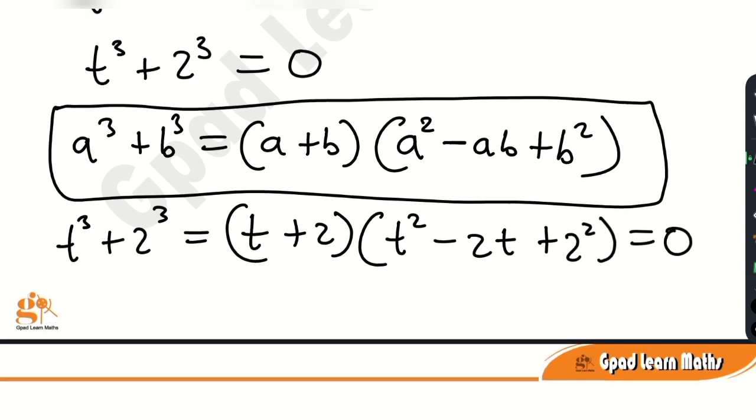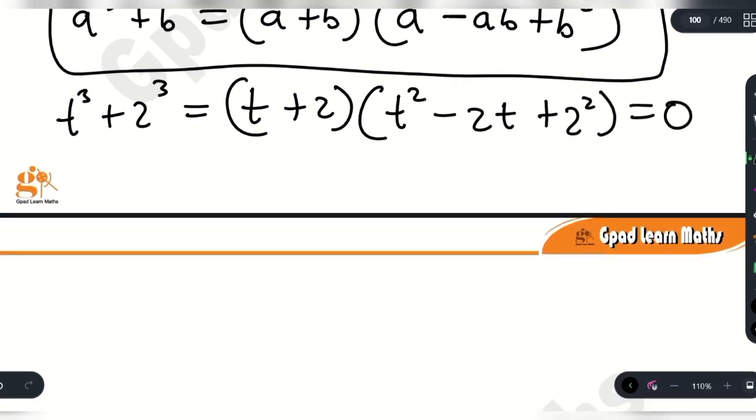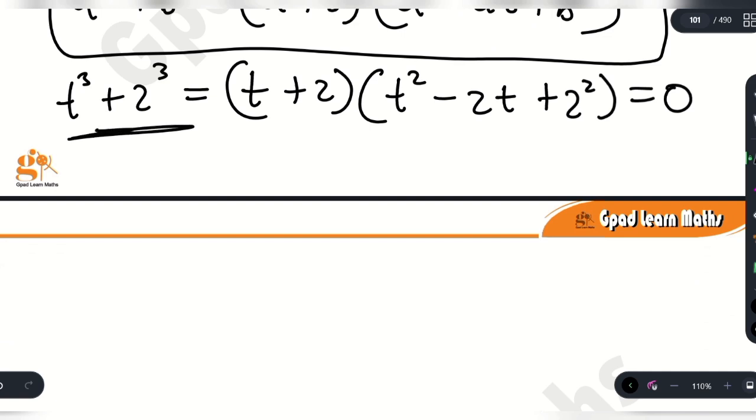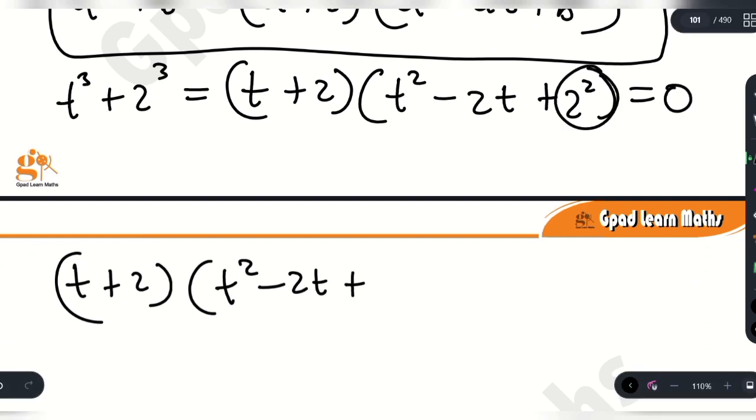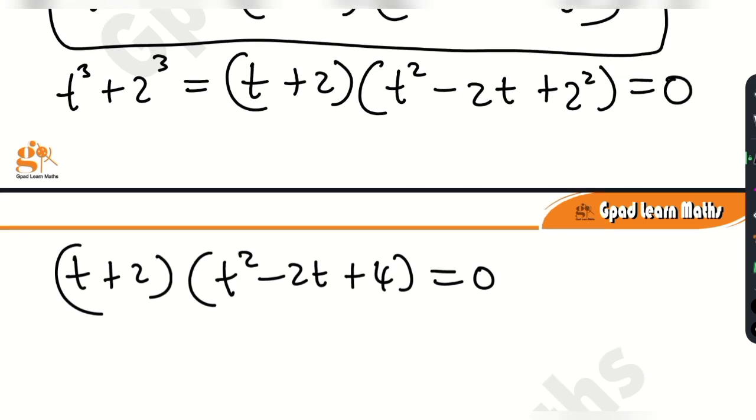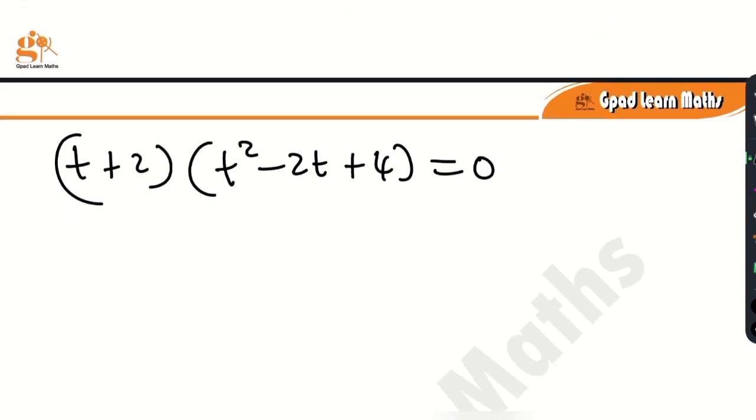Now, from the zero product rule, what does this mean? Or let me just rewrite this without this. I'm going to have t plus 2 in bracket, and then what? T squared minus 2t plus 2 squared, which here is 4. So plus 4 is equal to 0. It's now time to bring in the zero product rule.